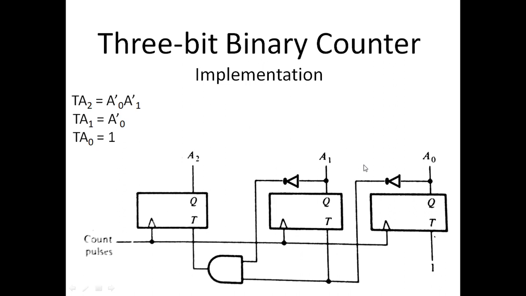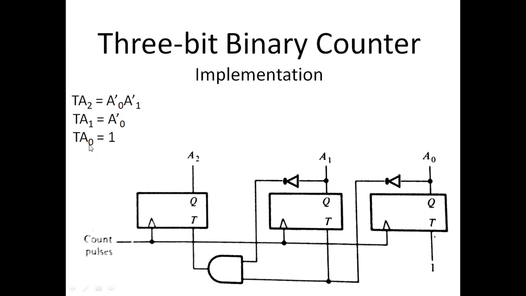These three outputs are actually the current state of the three flip-flops, and the same values of the three state bits can be used to produce the inputs for the three flip-flops according to these three Boolean functions.